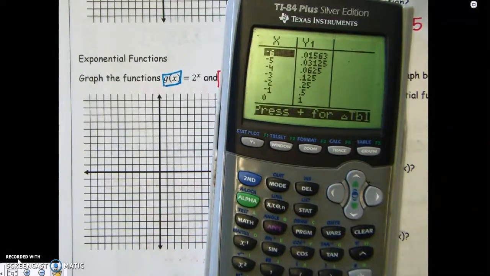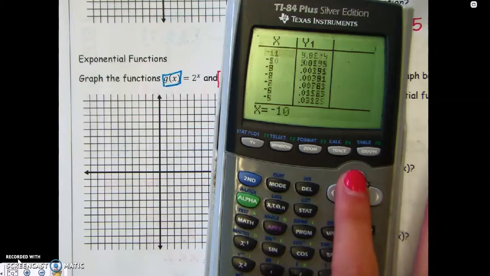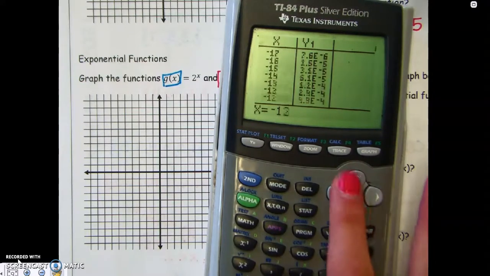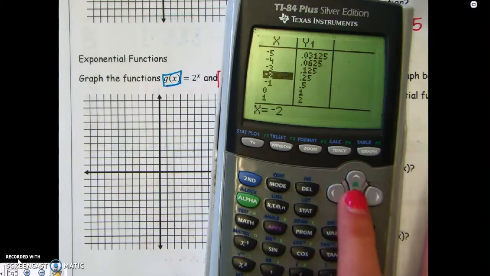What I want to do is pick out points I can plot relatively easily. Up here are a lot of decimals, but you can see that my numbers continue to go up. They'll keep going, but they're going to be really hard to plot, so I might not plot all of those. I might start where I can plot easily, like negative 1.5.